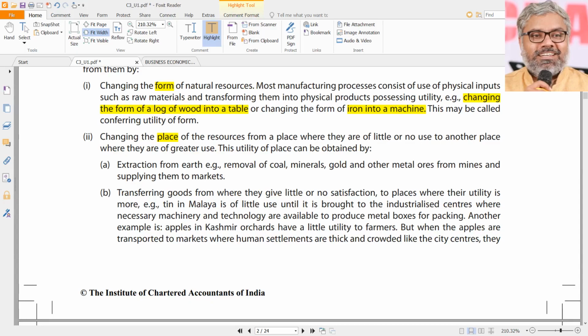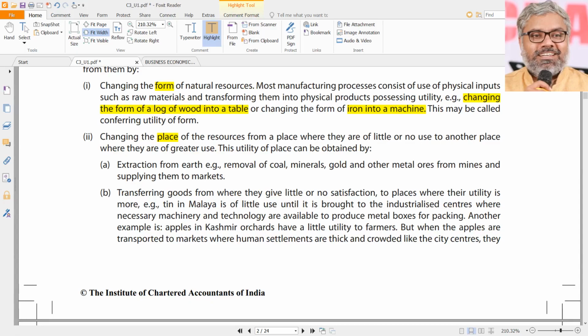But all these things happened. And the place where the manufacturing happened and the place where the product is consumed are not the same. That's what place utility is. That is also created by the production process.